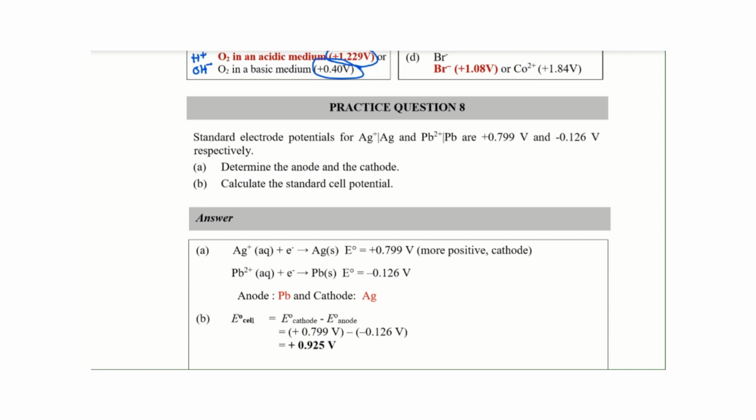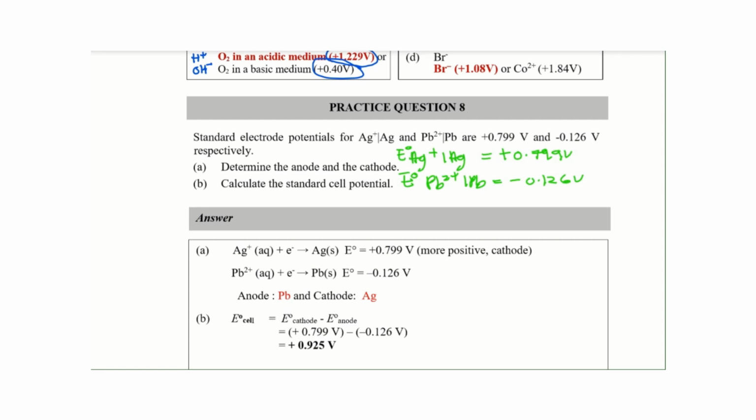From the information given, we list out the E0 for each substance, silver and plumbum. Pb2+ is negative 0.126 volt.